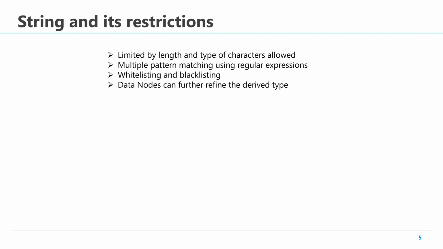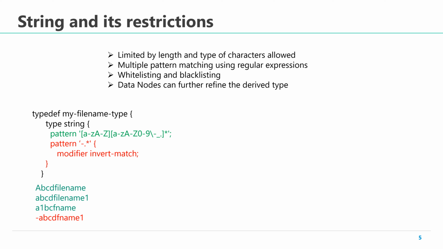This pattern matching is achieved by defining regular expressions. You can whitelist and blacklist character sequences. The blacklisting is achieved by a statement called invert-match. So when the invert-match option is present, it means that the specified pattern must not be available in the input for it to be accepted.